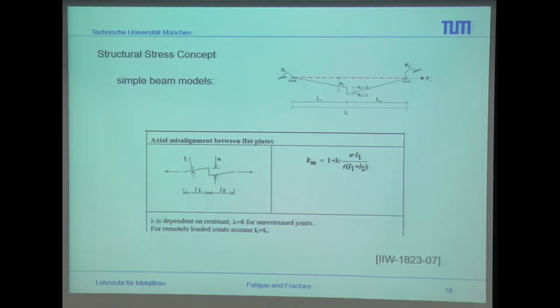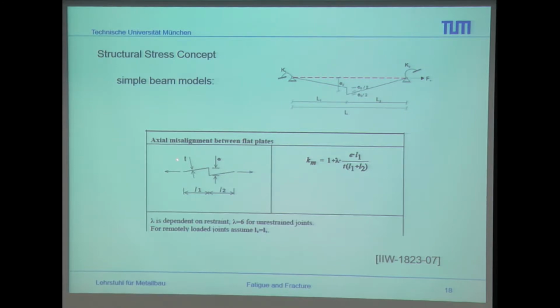For example, if you go into the IIW document 1823-07, you can find some simple beam models which always look like this. You have this small drawing, and therefore you get a k_m, which is a structural stress concentration factor. This gives you the amount of increase from a linear elastic calculation.